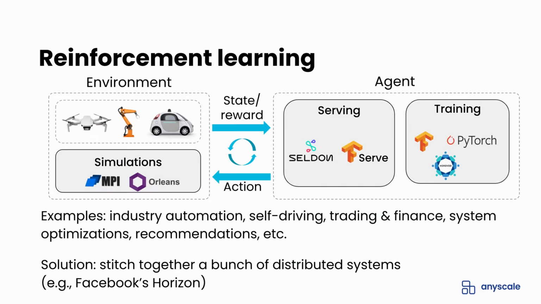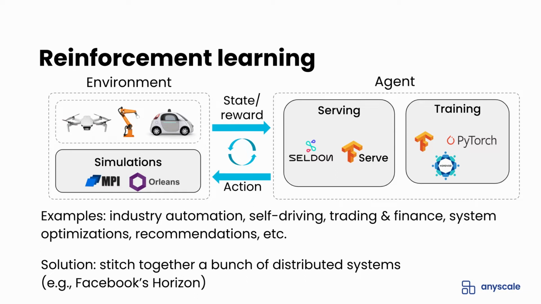Another workload example is reinforcement learning, which today is used in a growing number of applications, including industrial automation, self-driving, financial trading, and more. Reinforcement learning is even more complex, also requiring support for large-scale simulations. Again, one solution to build a reinforcement learning system is stitching together existing frameworks.